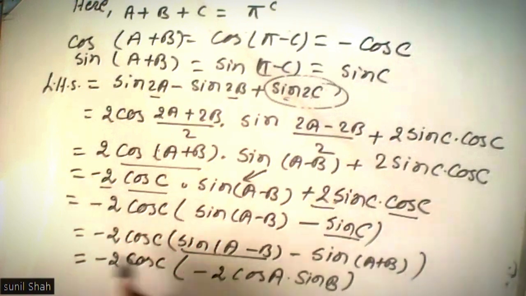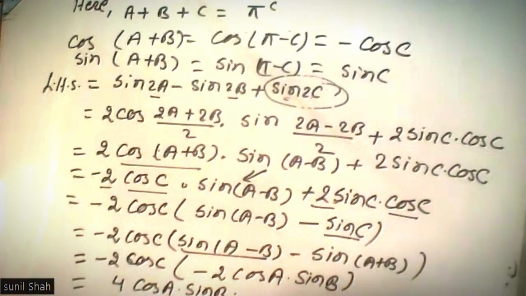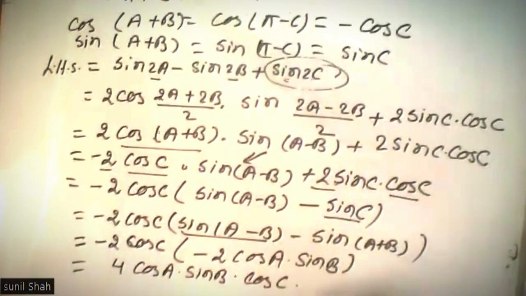Now multiply this minus by this minus. This will be plus, and 2 2s are 4 cos a sin b into cos c. So RHS is proved.